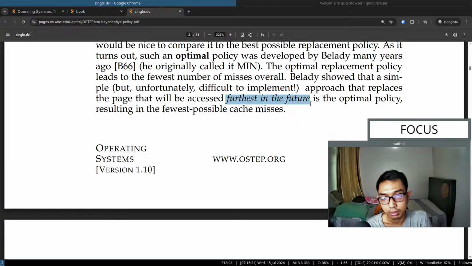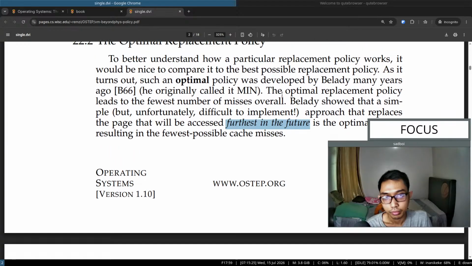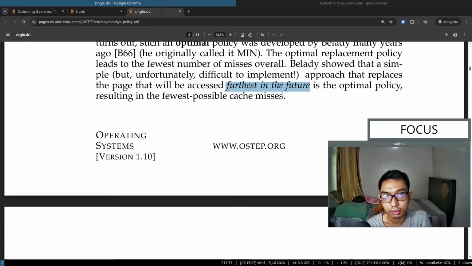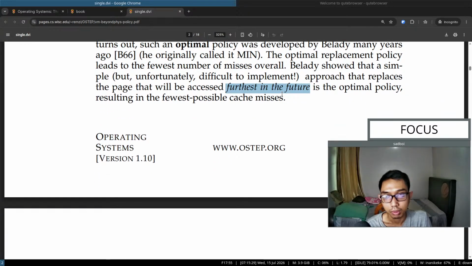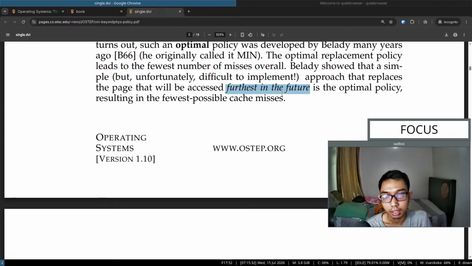Is it not the nearest future? Okay, maybe let's say rather than replacing the page that we will access the next second, we are replacing the page that will be accessed a year later.